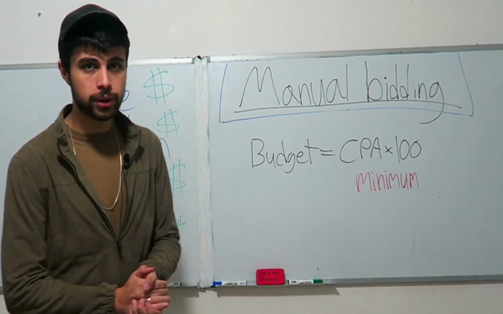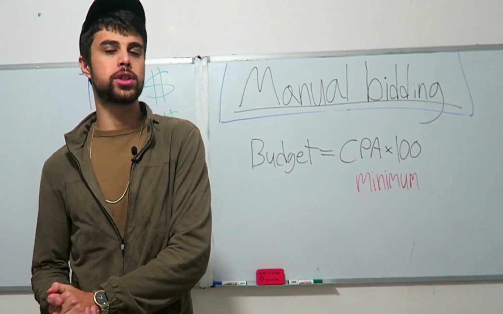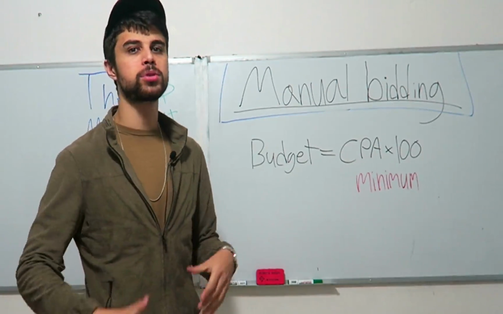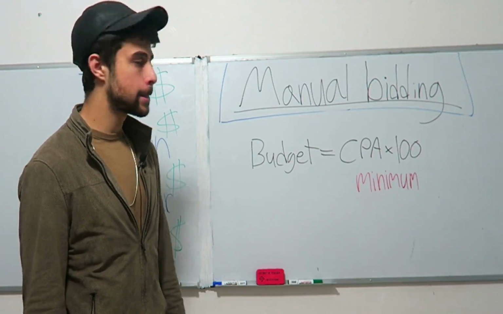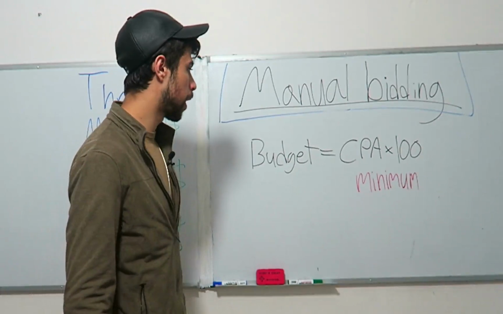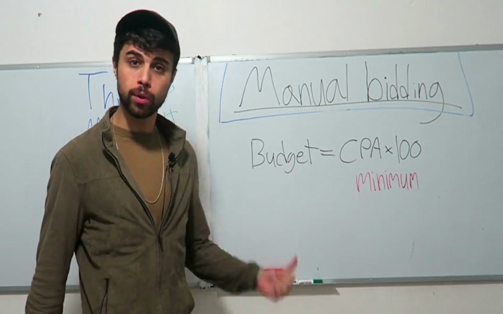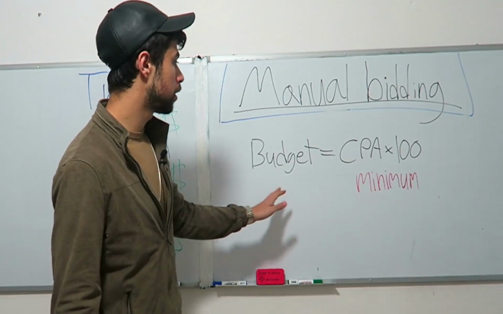Okay, so another thing to remember is that even though we always like to just put high budgets, sometimes you don't have to put a high budget on the ad. Like, you don't have to put thousands of dollars on the ad set. But the minimum, if you want to do manual bidding, the minimum that you have to put on the ad set is your budget.